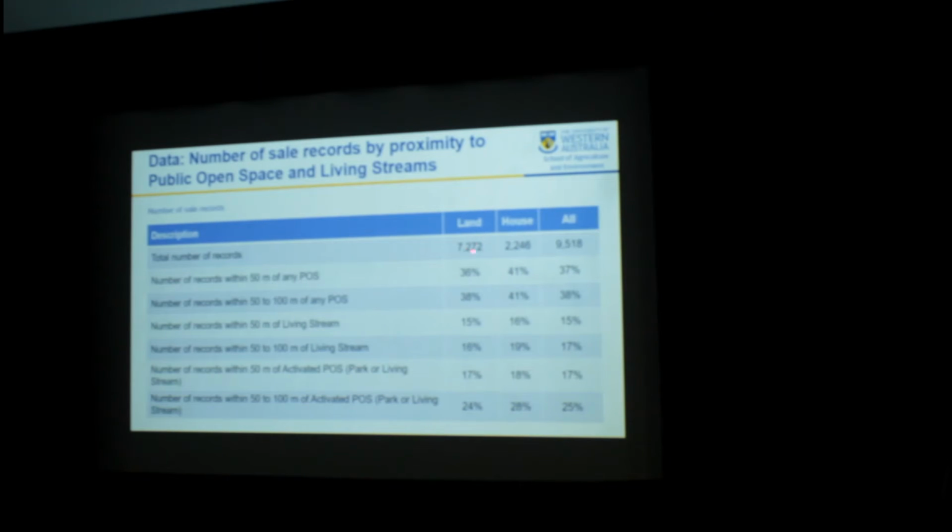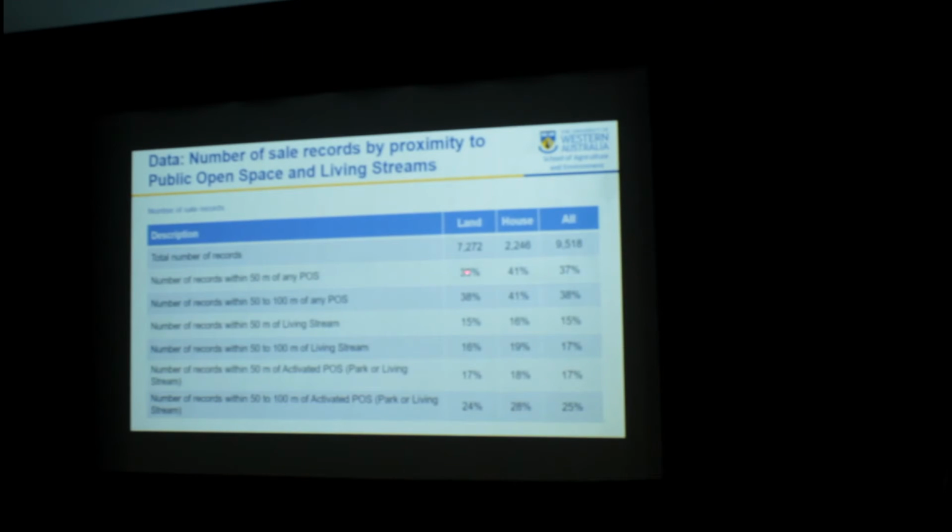The lots would be 7,200, and these are proportions of different kinds of proximities to living streams as a proportion of this number, and these are houses, and these are proportions and total. We have approximately the same distribution of houses and lots as far as proximity to different types of activated public open space.